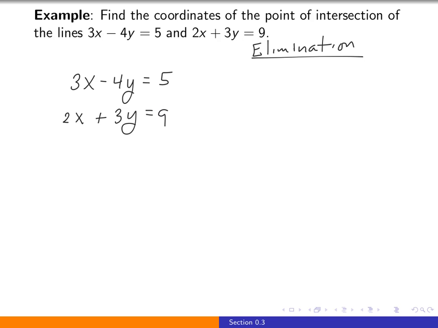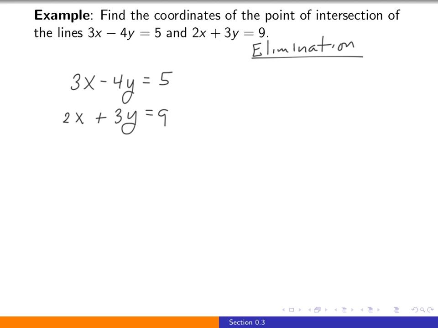The idea is to somehow get these coefficients such that when you add them together, one of the variables, either the x or the y, is going to cancel off. So in this example, what I'm seeing is that there's a negative coefficient of y in the first equation, positive in the second. So I can multiply these equations by a number and keep an equivalent equation.